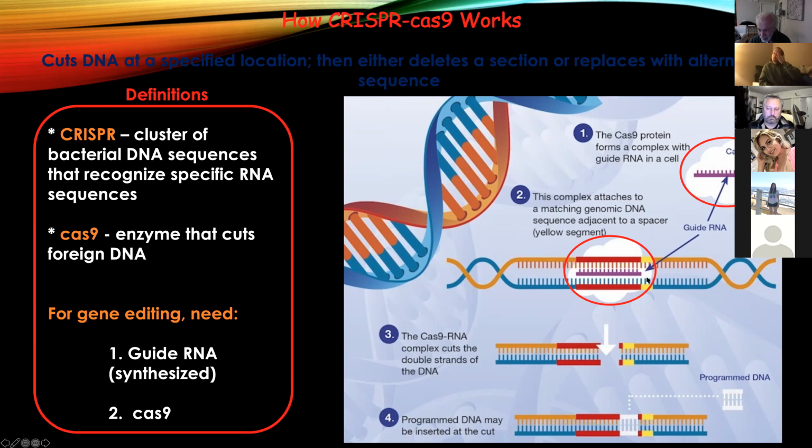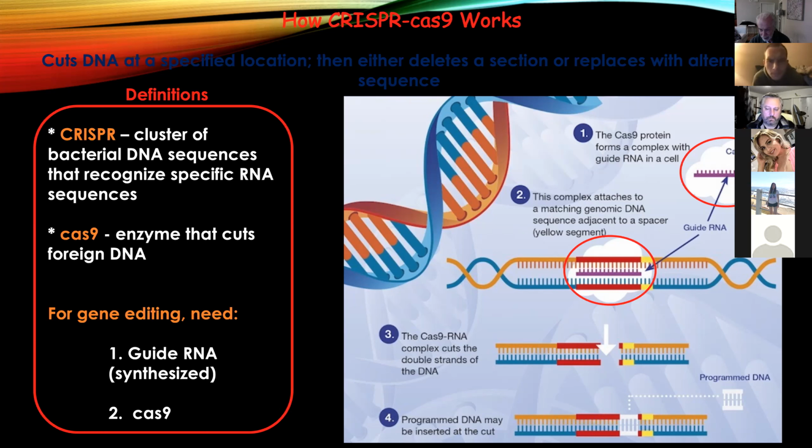Then if there is a spacer called PAM at the end, Cas9 will cut the DNA precisely, both strands. So you end up with DNA with a gap. And this gap is useful in that you can just close it up, and that itself is a mutation.